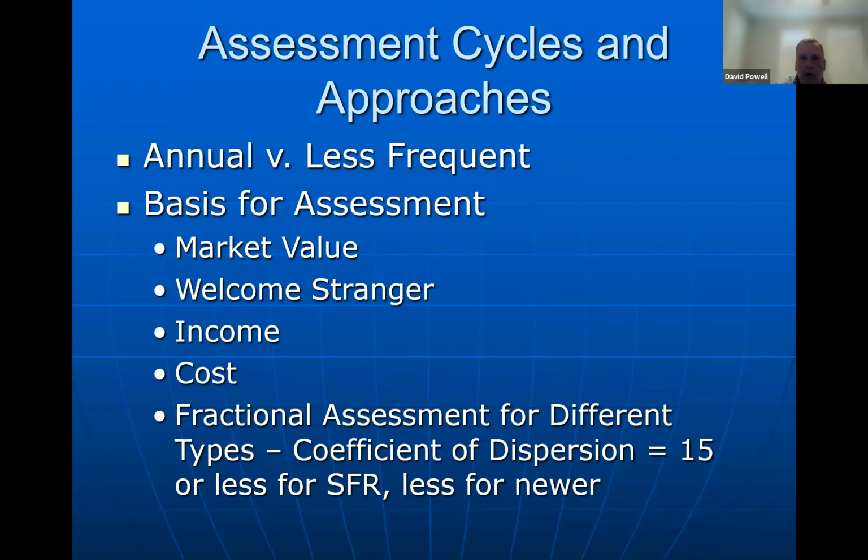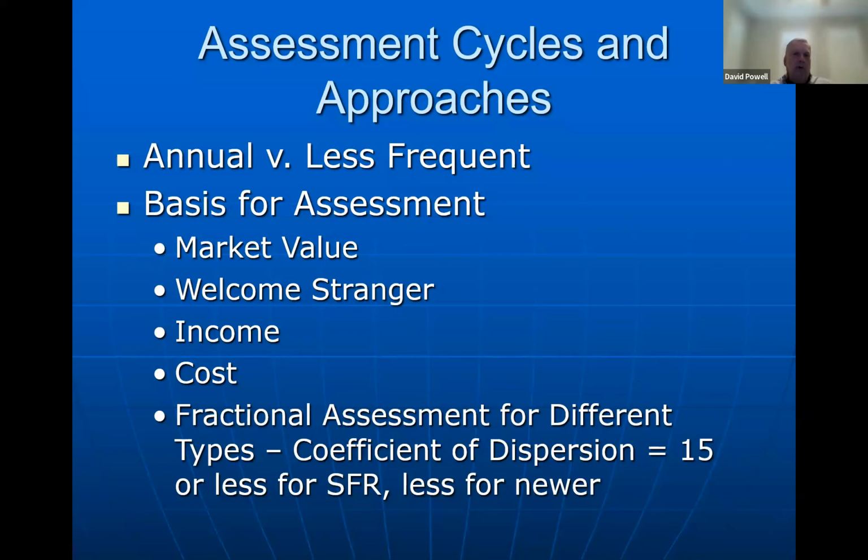There are good things and bad things, but the problem with the welcome stranger approach is that it violates equity. And specifically, it violates a type of equity known as horizontal equity. There are essentially two different types of equity. There's horizontal equity and there's vertical equity. Vertical equity is what we talked about just before when we talked about the idea of progressive versus regressive forms of taxation.